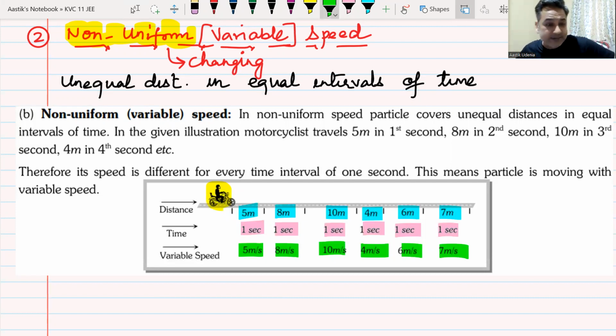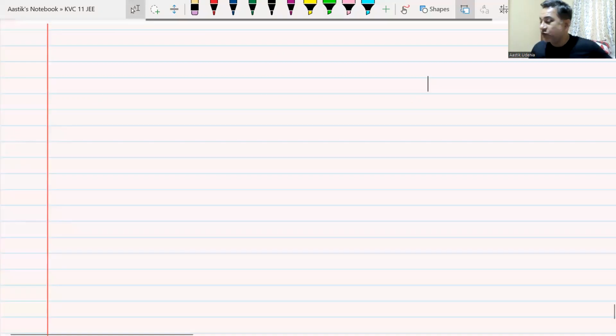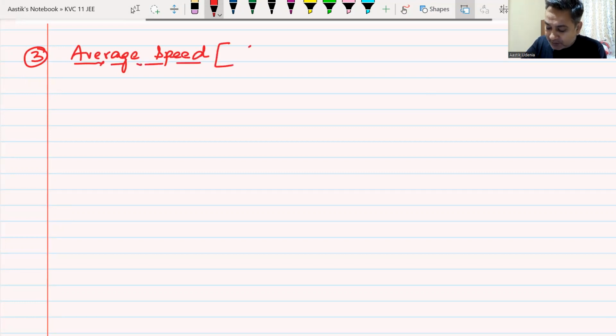What is the third type, if there is any third type of speed? Average speed. Well done. That is the next one. Now, to write average speed, we will use this dabba.